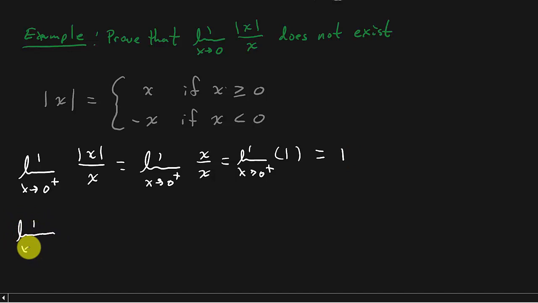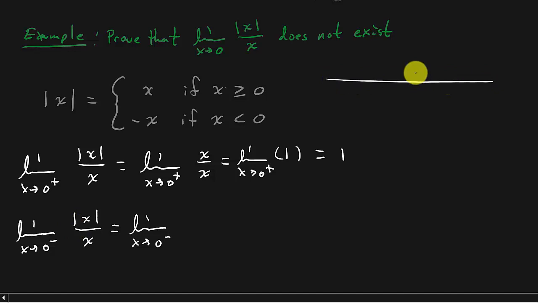Now, let's take the limit as x goes to 0 from the left. All right. So this is going to be what? The limit as x goes to 0 from the left. All right. Now, what kind of numbers am I plugging in for x? Well, look, there's 0. If I'm coming in from the left, these numbers over here to the left are negative, right?